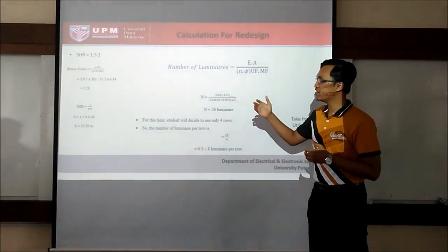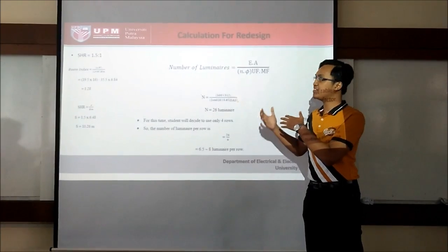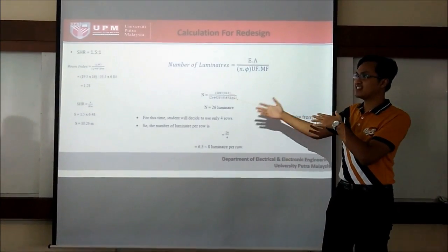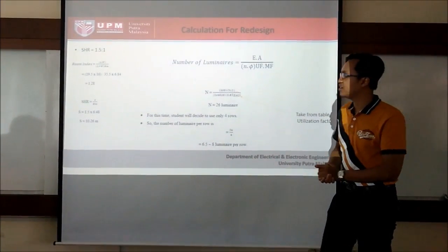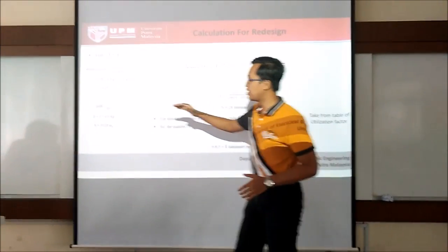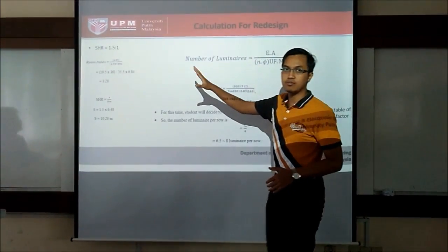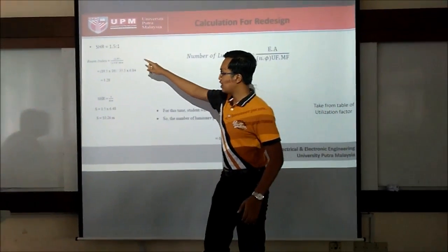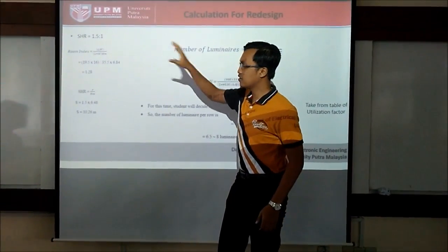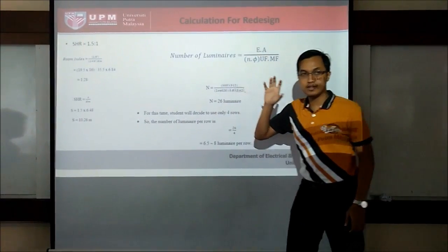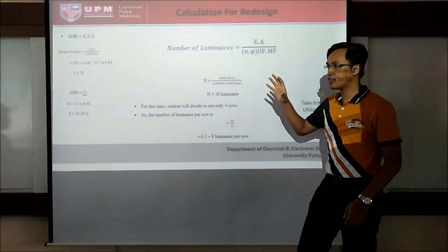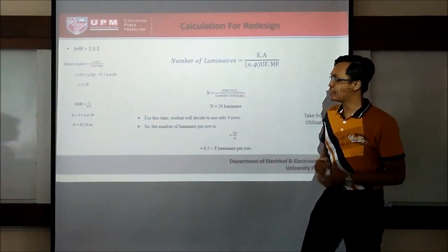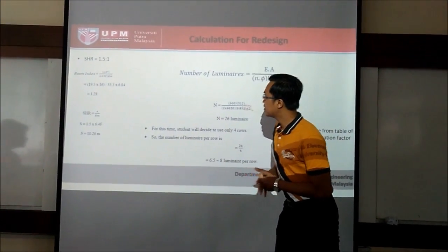So this is the calculation for how we redesign the lighting system. First of all, we must know the room index to find out the utilization factor. This we got from the data sheet for the lamp itself.